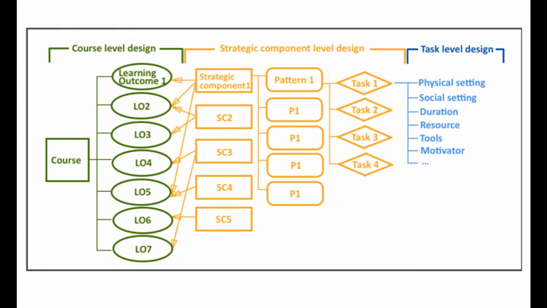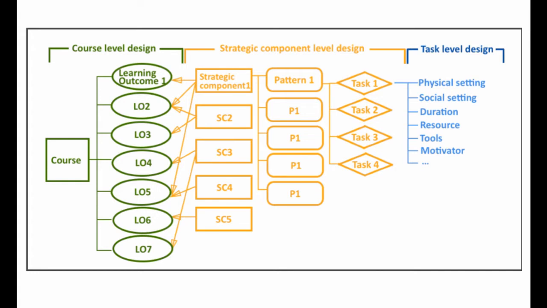Then, the strategic component level design defines a set of learning strategic components needed to tackle the learning outcomes. Each strategic component comprises one or a few design patterns that are repetitively used throughout a course to address a particular type of constellation of learning outcomes.